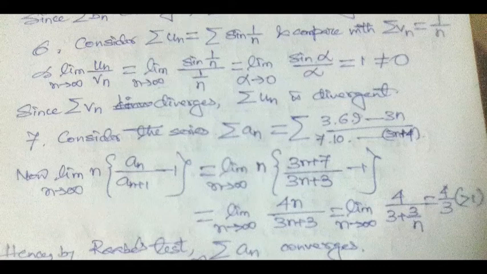Then limit n tends to infinity n times (a_n by a_(n+1) minus 1) will be limit n tends to infinity 4n by 3n plus 3 after simplification. If we divide by n in both numerator and denominator, then we will have limit 4/3. So 4/3 is a number greater than 1. Therefore by Raabe's test we can conclude that the given infinite series is convergent.